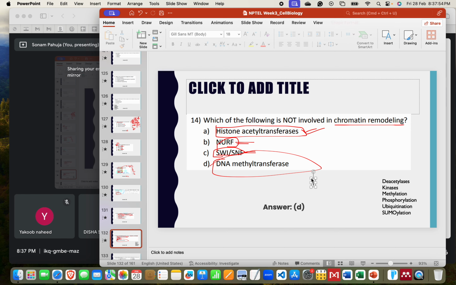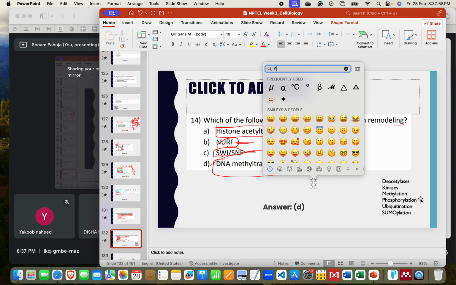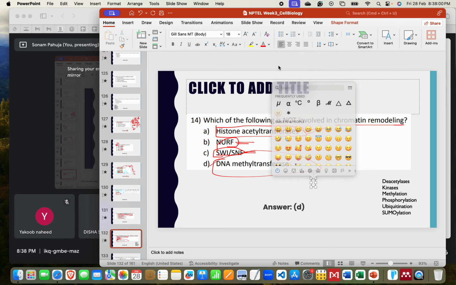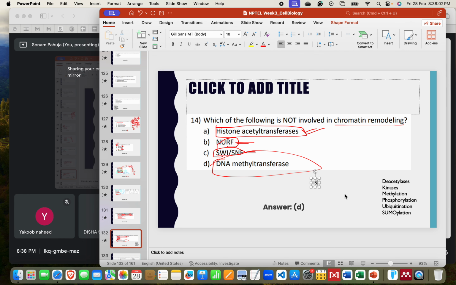While ISWI, it is another kind of remodeling complex like NURF, SWI SNF. Okay, so ISWI is another remodeling complex. It is imitation switch.